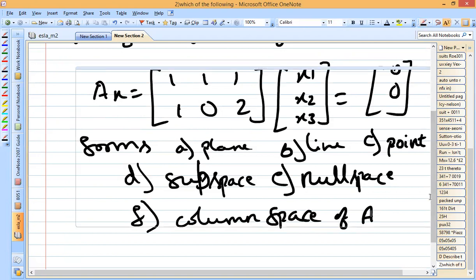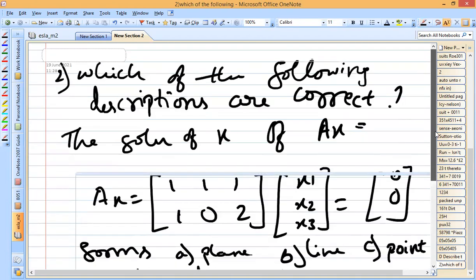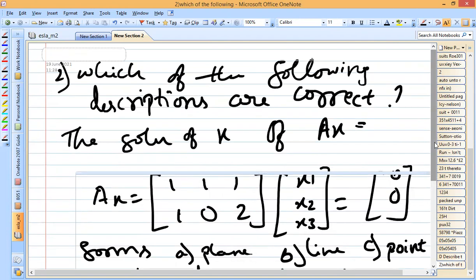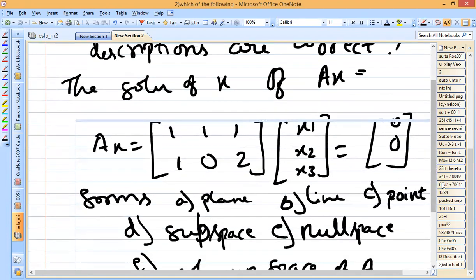So here, I'll just repeat the problem. We have to identify which description is correct for the solution of x. Here he has given A into x as 111, 102 multiplied with x1, x2, x3 is equal to 0, 0. On the right hand side, we have 0, zeros are present.